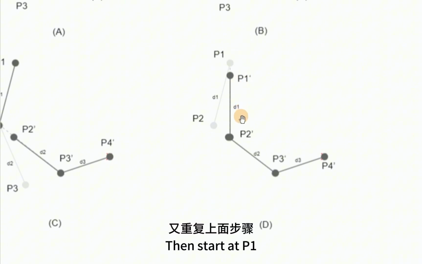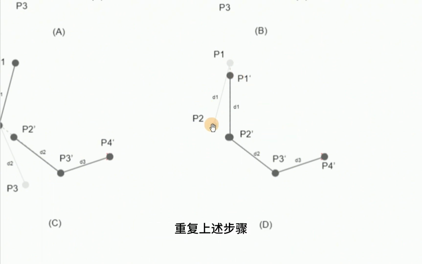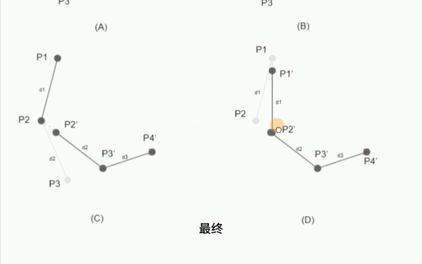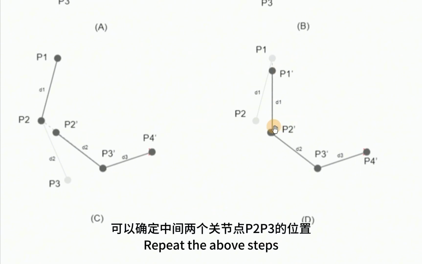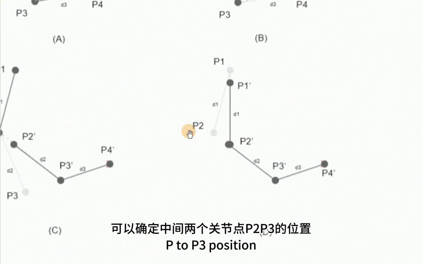Then start at P1 and repeat the above steps again. Back and forth, starting with points P1 and P4, repeat the above steps. Finally, the positions of the middle joint points P2 and P3 can be determined.